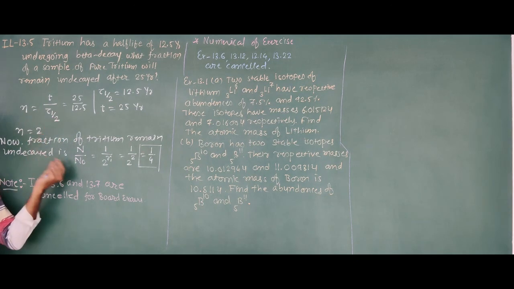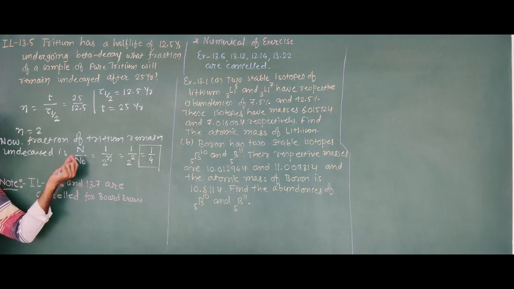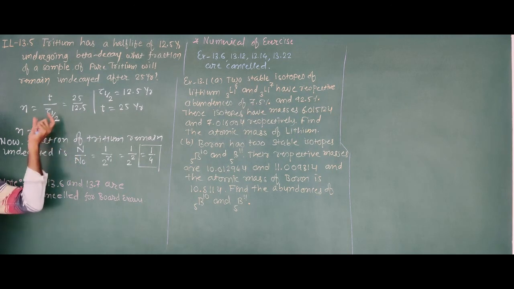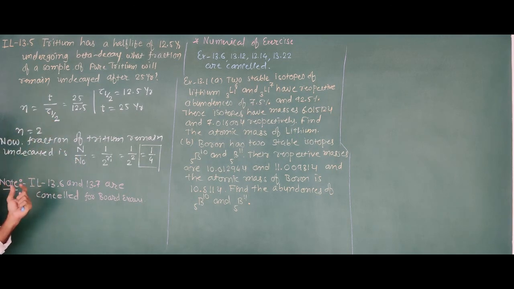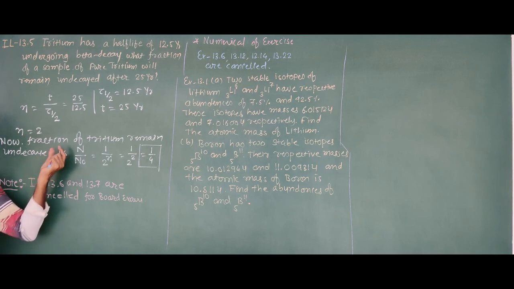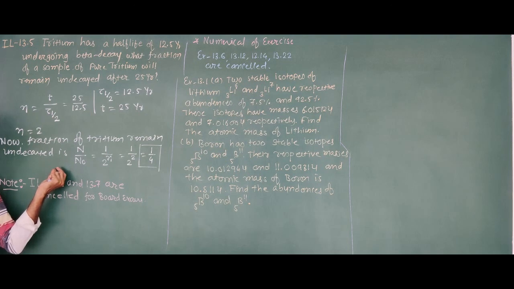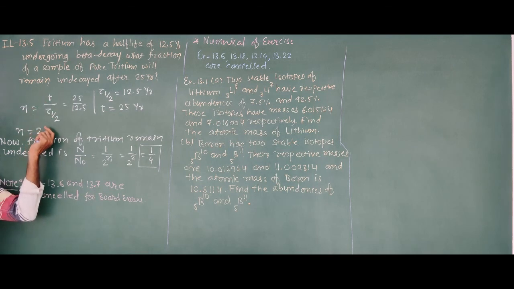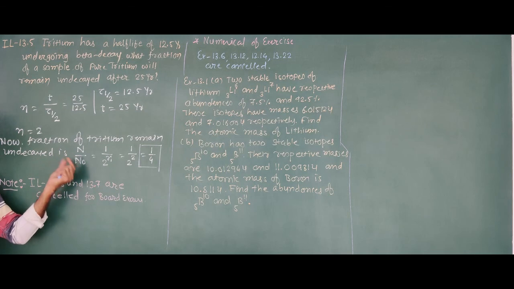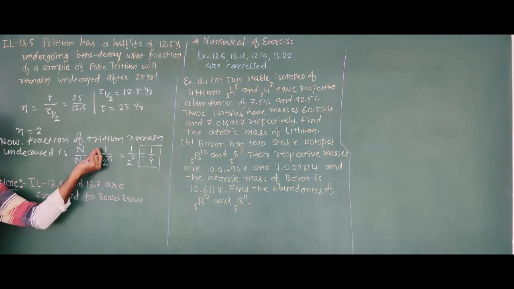So keep in mind these two equations. They are very important for objective type questions and this type of numerical, to find out the remaining part undecayed, or whatever fraction is decayed in a given time interval. So very easy: total time upon tau half, we find the value of n, and the part remaining undecayed is N upon N0 is equal to 1 upon 2 raised to n.